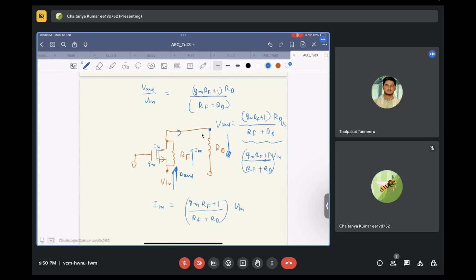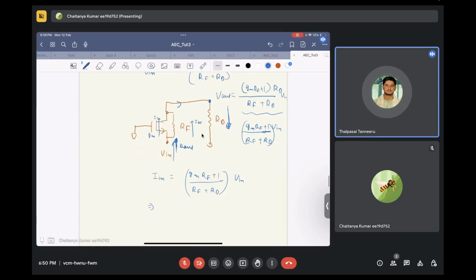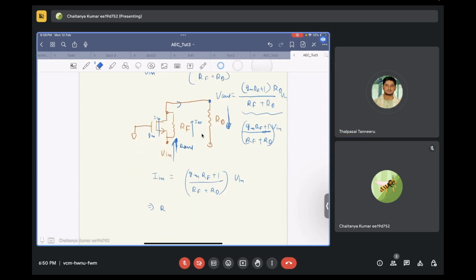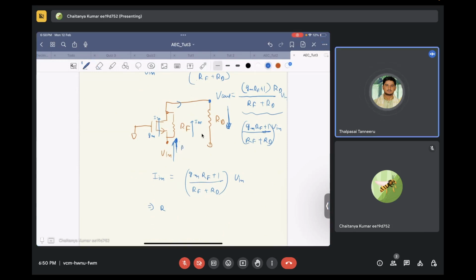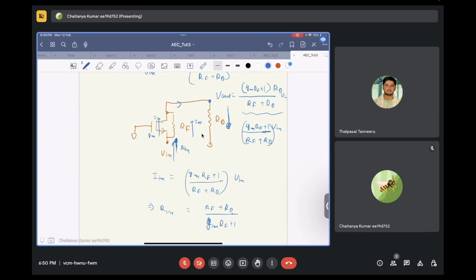Correct? Yes, sir. So this is not R out, this is R in. So R in is equal to RF plus RD upon GM RF plus 1. Okay. Now, how do you know this is correct?